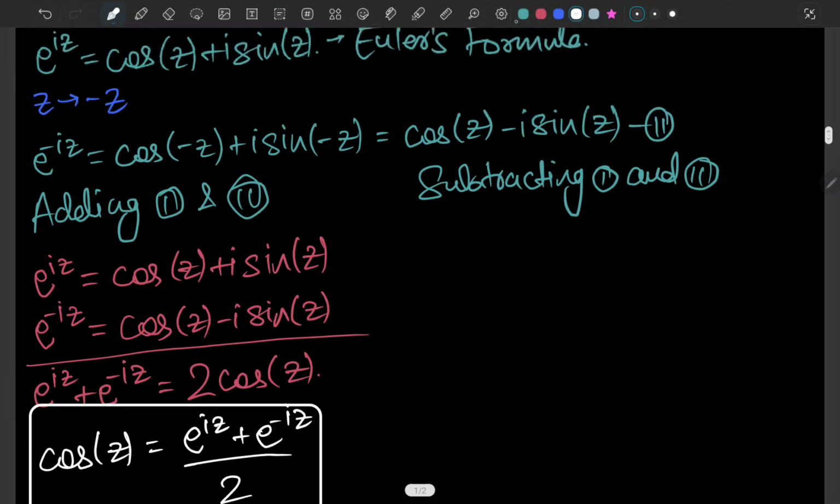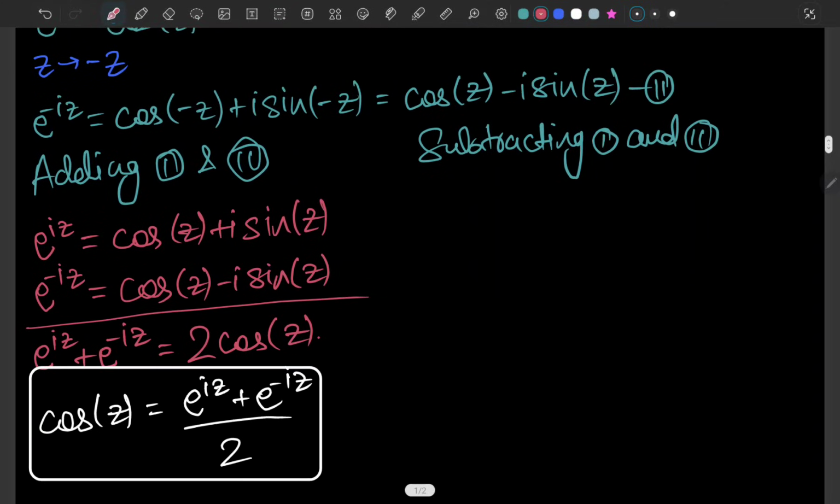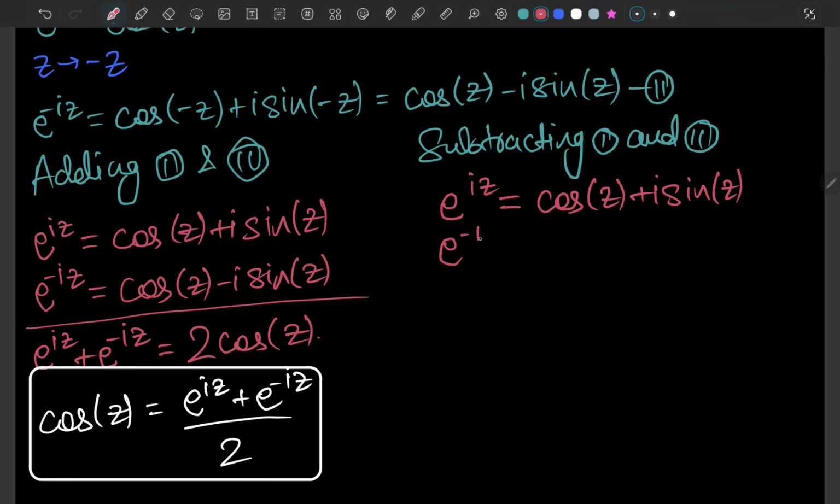Now let's do the same with subtraction. Let's write the first equation first: e to the iz equals cosine of z plus i times sine of z, and e to the minus iz equals cosine of z minus i times sine of z.